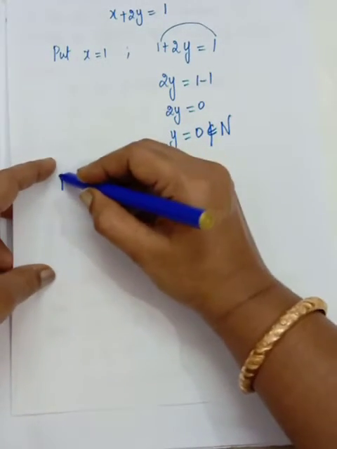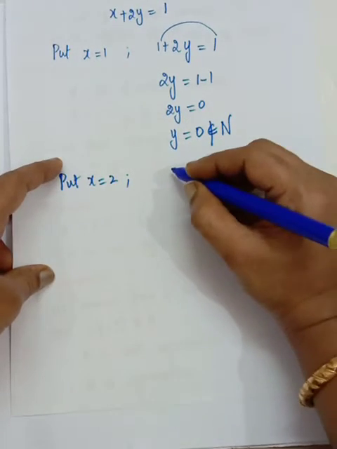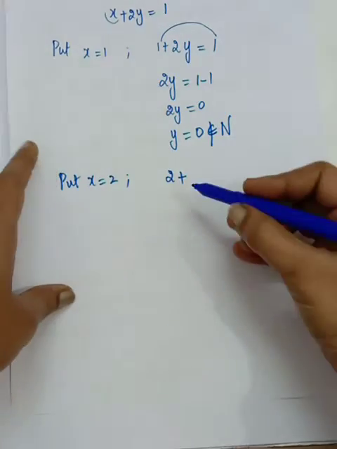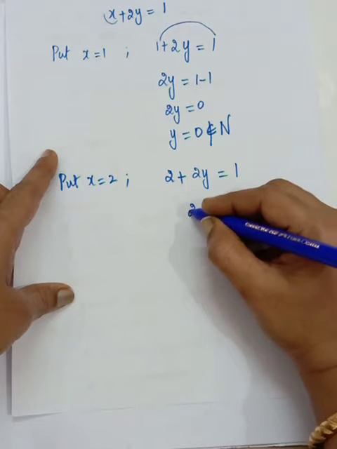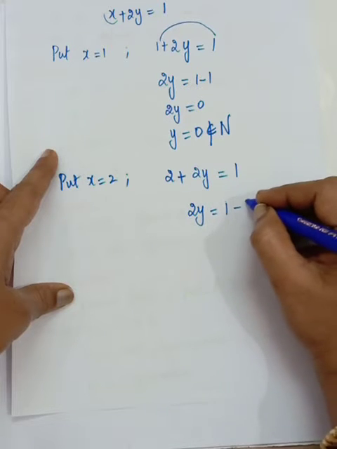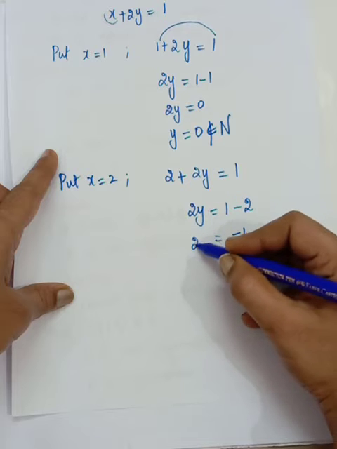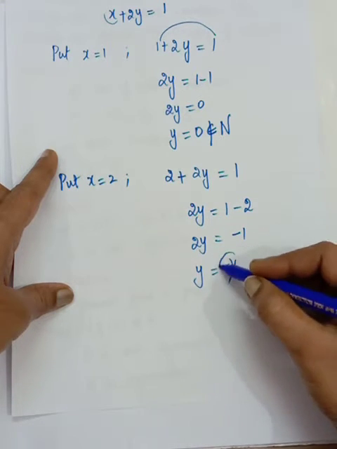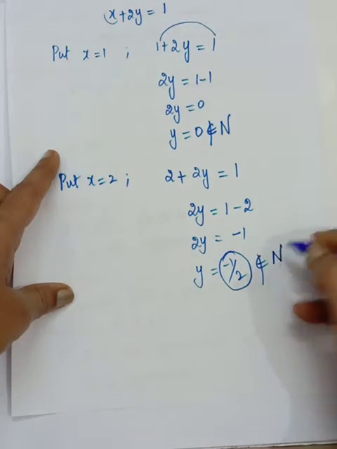Now put the next natural number, x is equal to 2. In the place of x I have substituted 2, so 2 plus 2y is equal to 1. So 2y is 1 minus 2, which is minus 1. So y is equal to minus 1 by 2, and it is a fraction, so it is not a natural number.